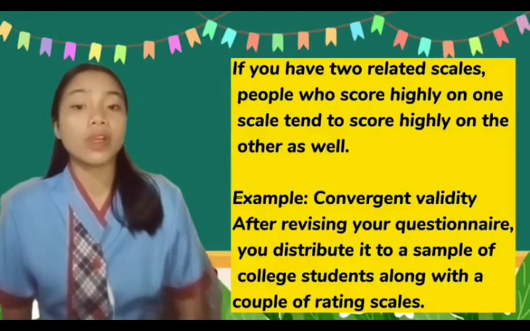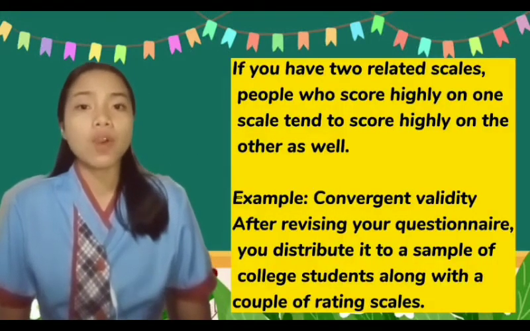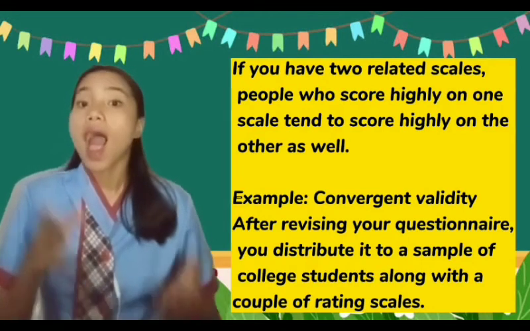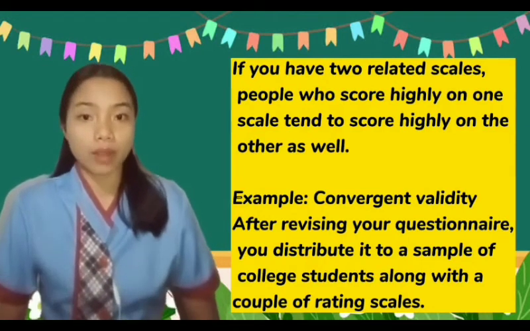So convergent validity is defined as the extent to which measures of the same or similar constructs actually correspond to each other. In research studies, you expect measures of related constructs to correlate with one another. If you have two related scales, people who score highly on one scale tend to score highly on the other as well.